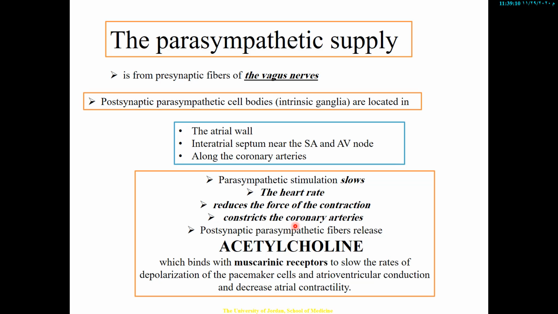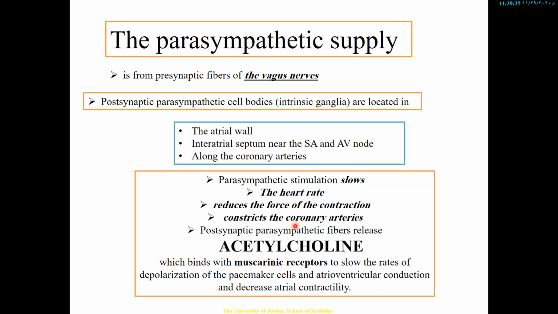But of course, you need to appreciate it as it is here in most of the pictures. Sometimes we can demonstrate the large branches, but usually, unfortunately, we can't demonstrate this in our practical sessions. So the vagus contributes to the cardiac plexus.